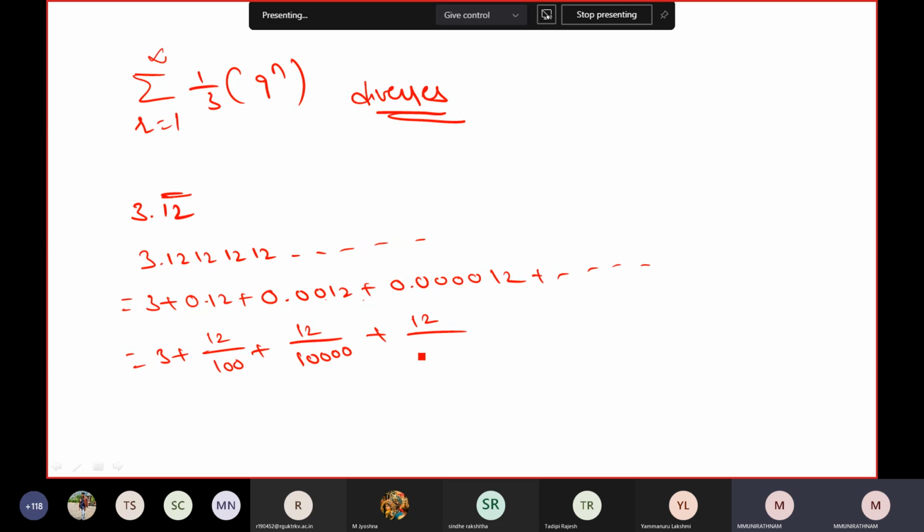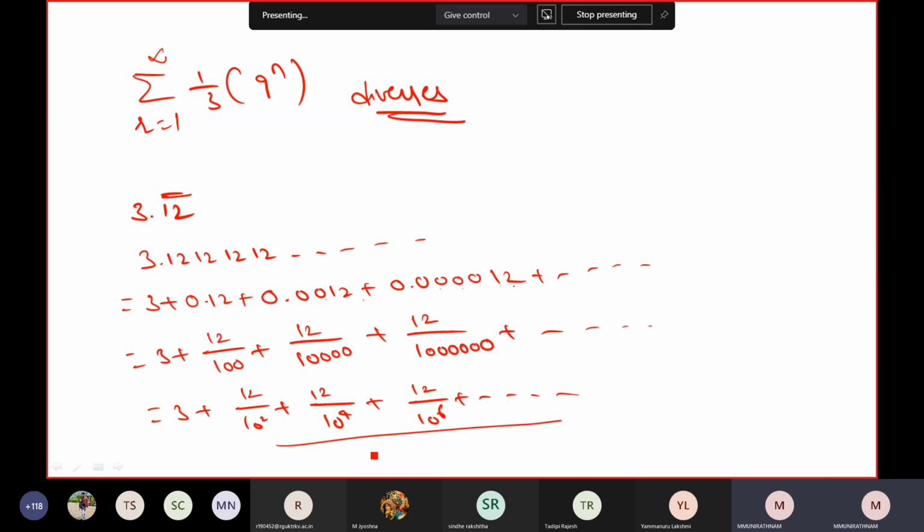So this will be 3 plus 12 by 10 square plus 12 by 10 power 4 plus 12 by 10 power 6 plus and so on. This is a geometric series.